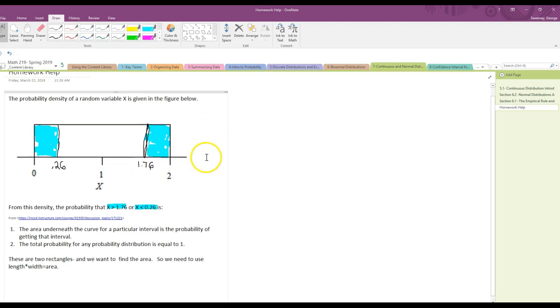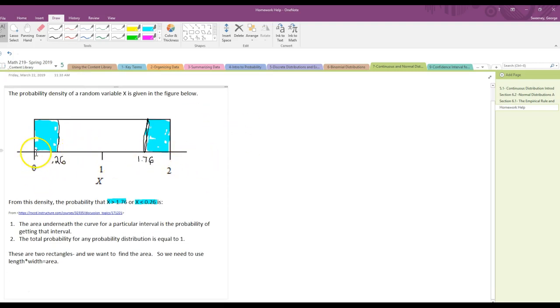Now, the length itself is not so hard. This length right here, from 0 to 0.26, is 0.26 minus 0. We'll call that length 1. So length 1 is 0.26 minus 0, which equals 0.26.